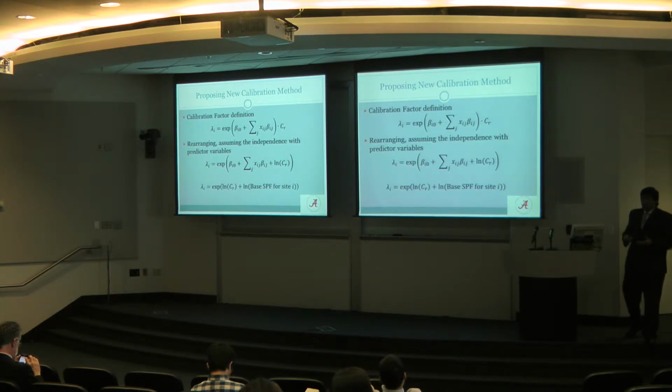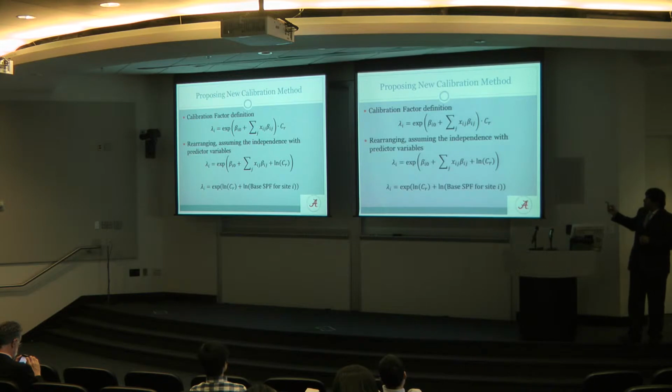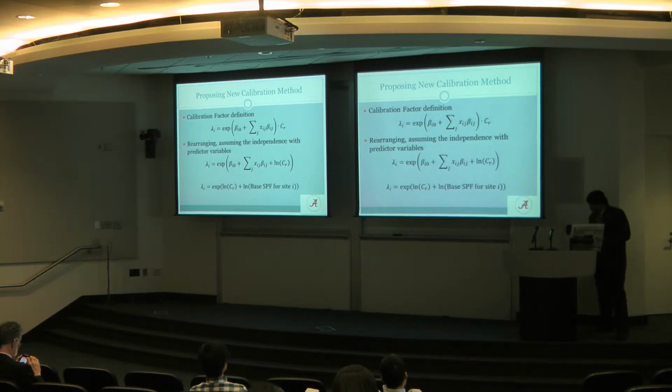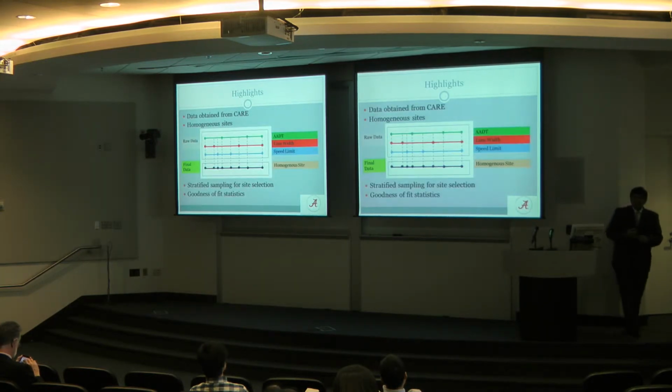Those are things which are not observed. So that's why it is justified to take it inside the equation, and then we just rearrange the terms and we estimate a negative binomial regression with the base SPF held at the fixed coefficient 1, and we estimate the calibration factor.